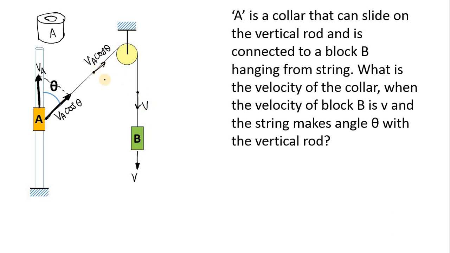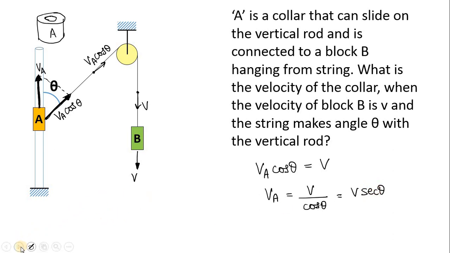These two points must have the same velocity because they belong to the same string. Therefore VA cos theta must be equal to V. Therefore VA is equal to V divided by cos theta, or V into sec theta.